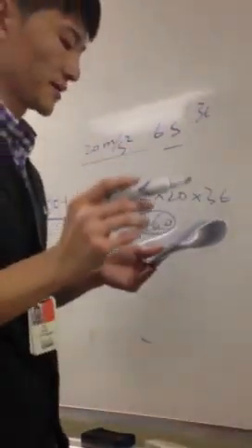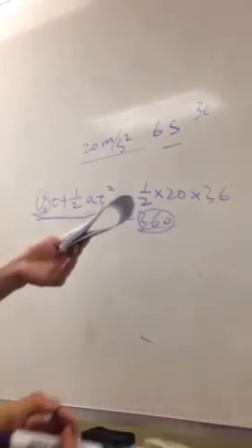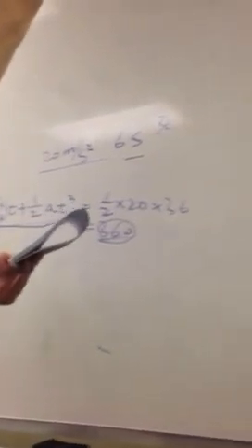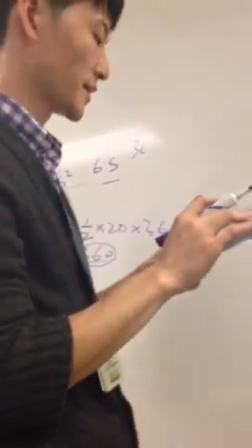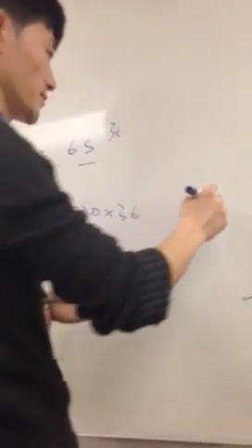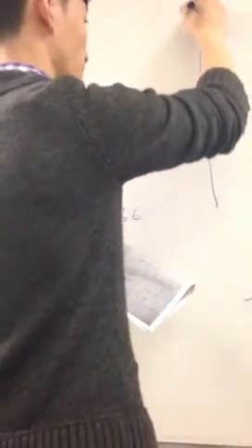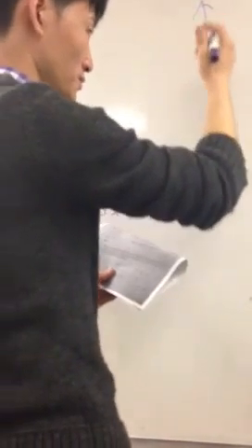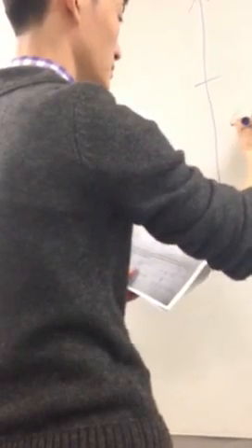So there's a rocket, and it rises vertically with an acceleration of 20 meters per second squared. So it will go 6 seconds with 20 meters per second squared.